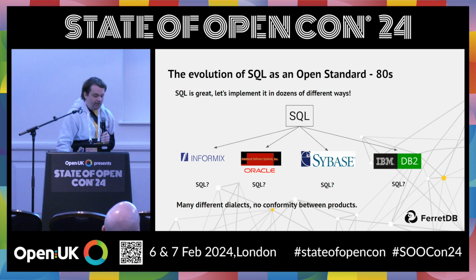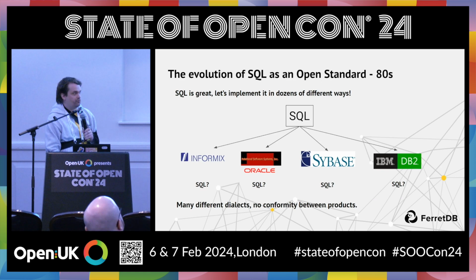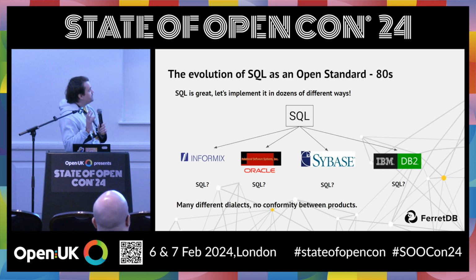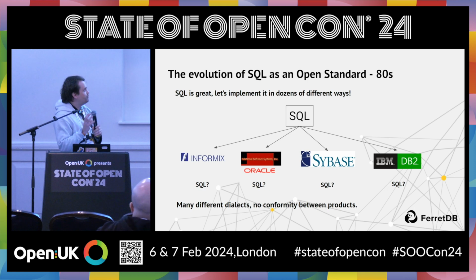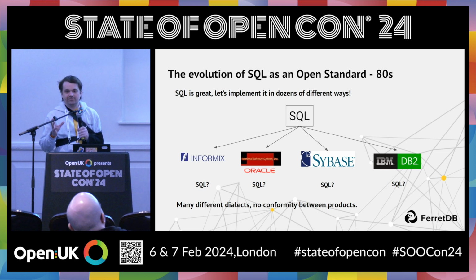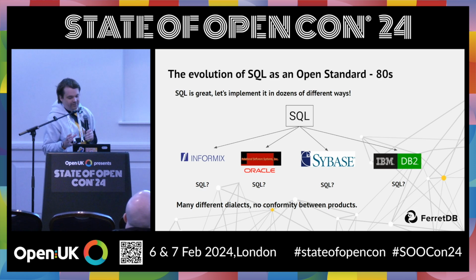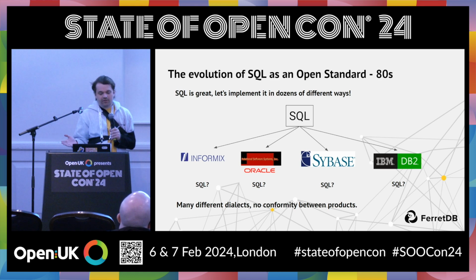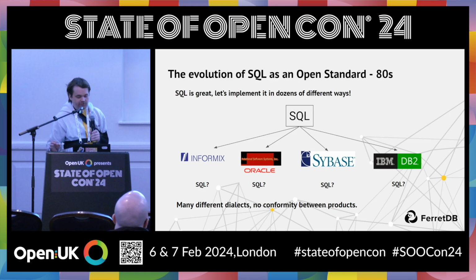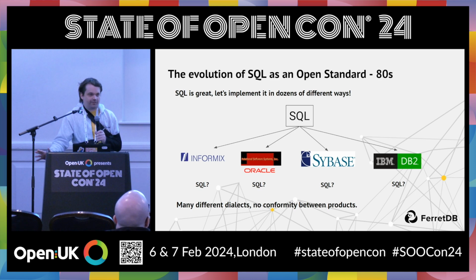And then others liked what IBM was doing, but it was proprietary. So they started implementing competing products which kind of worked in a similar way. But in reality, if you used IBM DB2 and you wanted to get away from it and use Informix or Sybase or another competitor, you couldn't use the same query language.